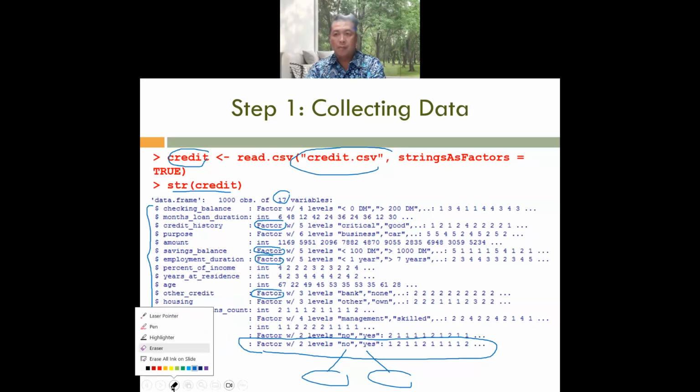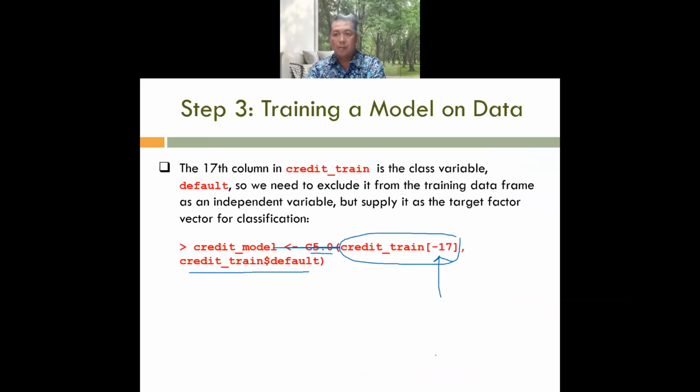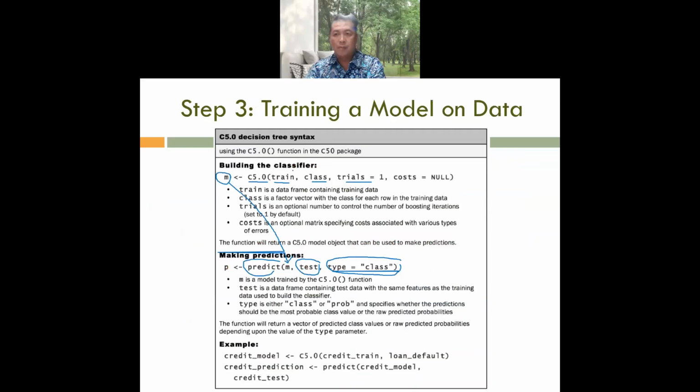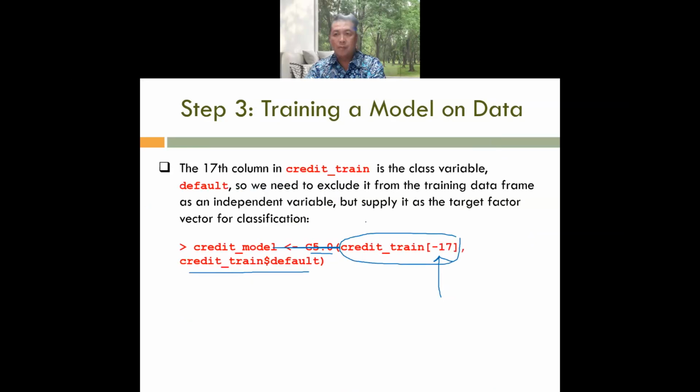But I will not include this one in the training. This one will be put as a separate column in the call. So if I go back to here, this is the train and also the class. So I will provide the training data and also the class here.